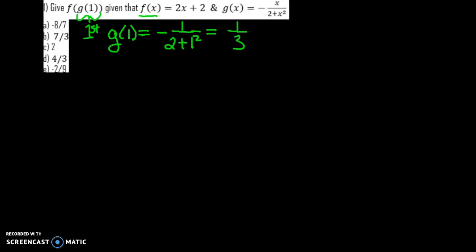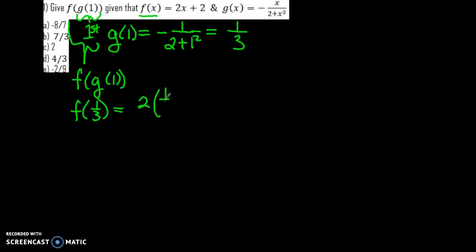So now all we need to do is plug that 1/3 into f of x. Okay, we're looking for f of g of 1. We've already found g of 1, so what we're really looking for now is f of 1/3. Just plug in 1/3 everywhere you see x, and that gives us, actually it's negative, excuse me, we get the negative 1/3 plus 2.